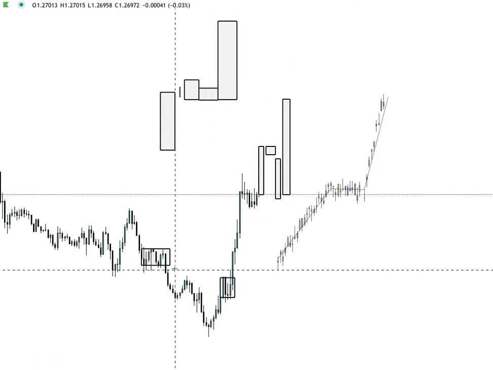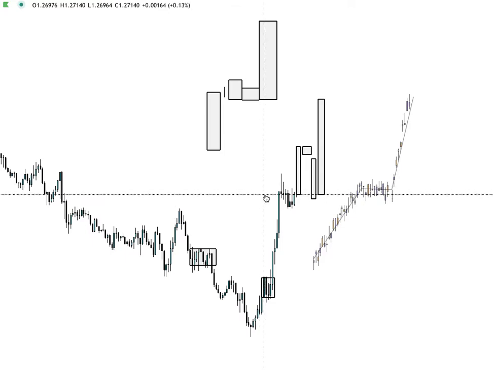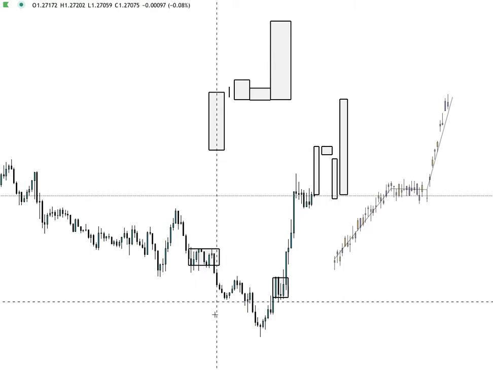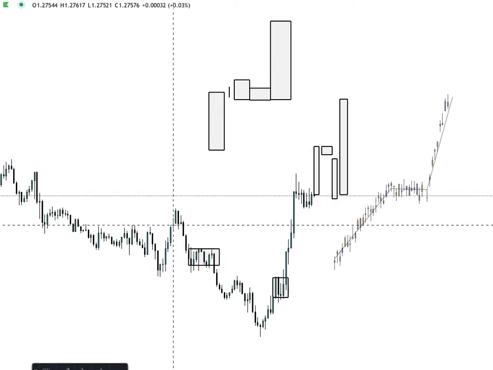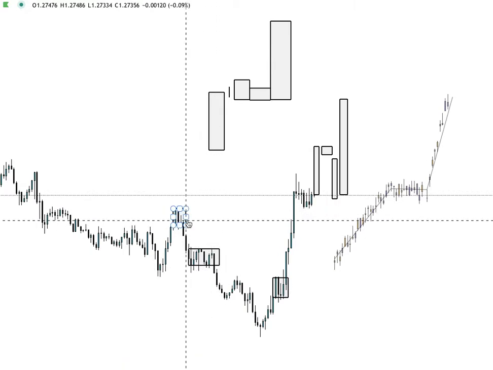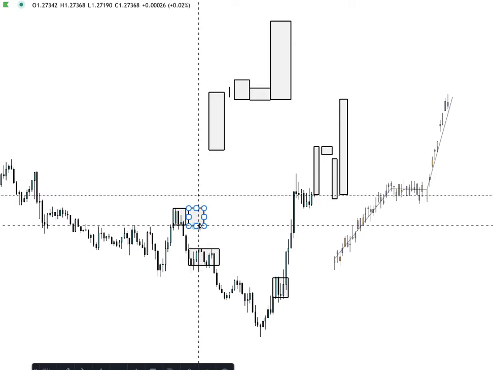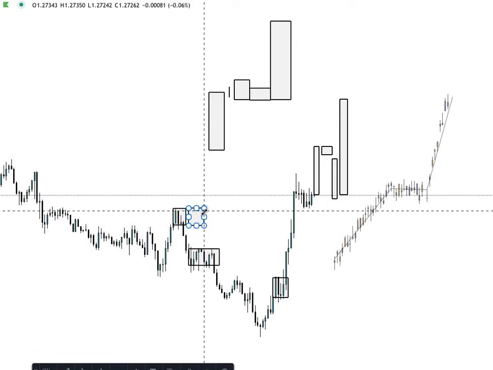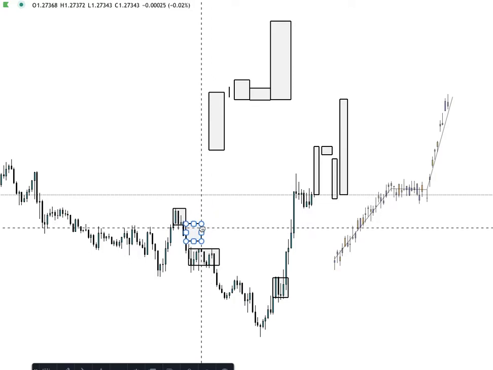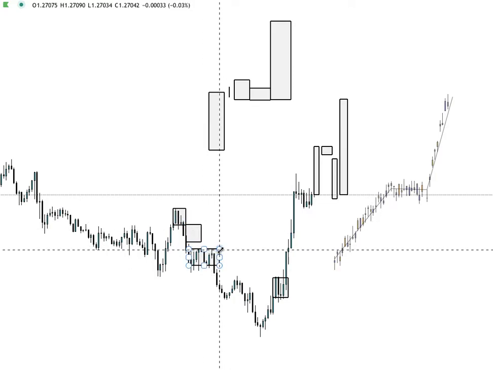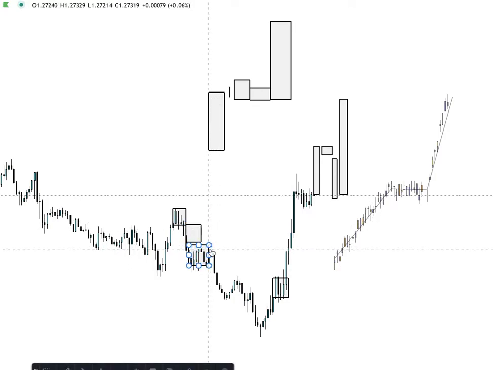Now, rule of thumb, your impulse away should always be two times the length of your base, right? Simply put, if this is your base, then your move down should be two times the size of your base in order for the trade to be high probability, right?